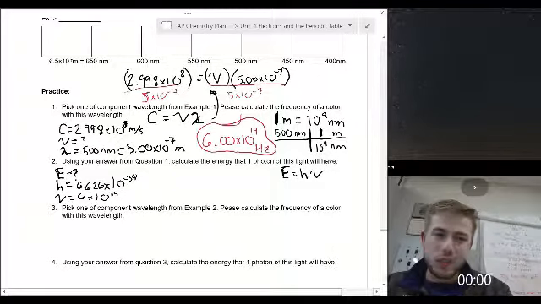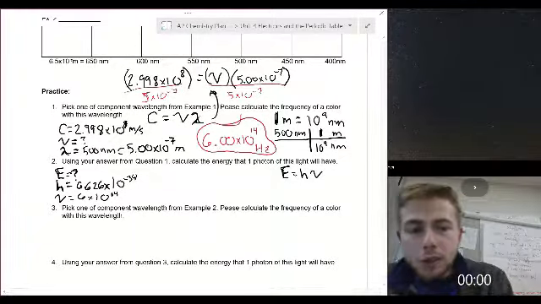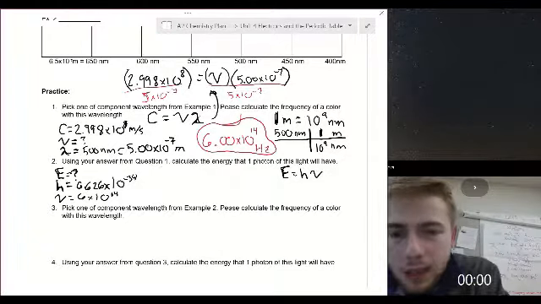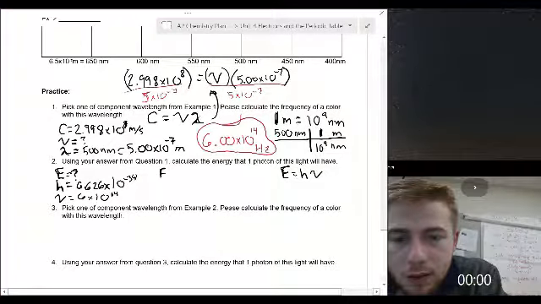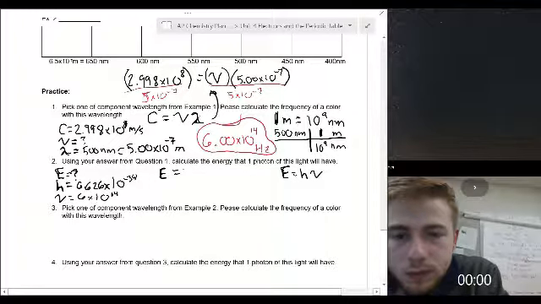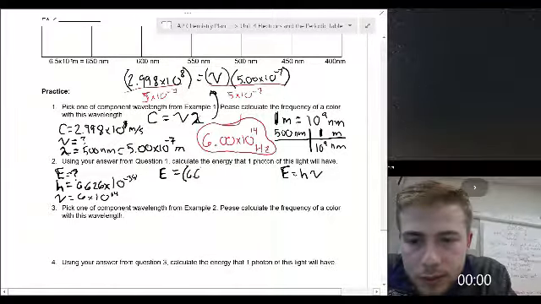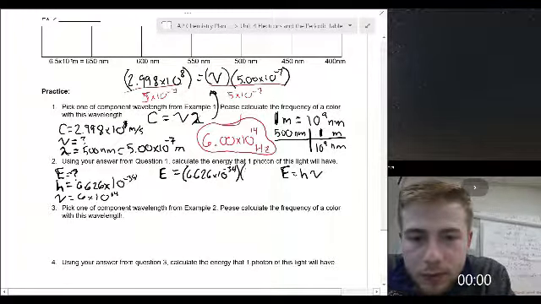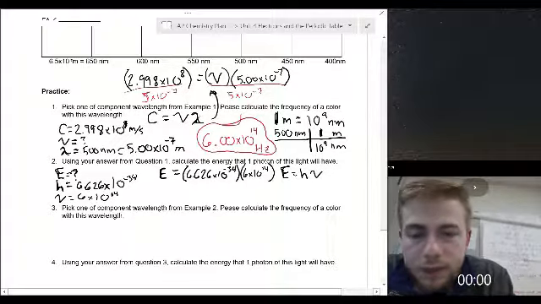Sorry, it's kind of squished in there. I apologize. It's hard to write on this. So we're just going to plug and chug. So E equals 6.626 times 10 to the negative 34th times 6 times 10 to the 14th. Okay.